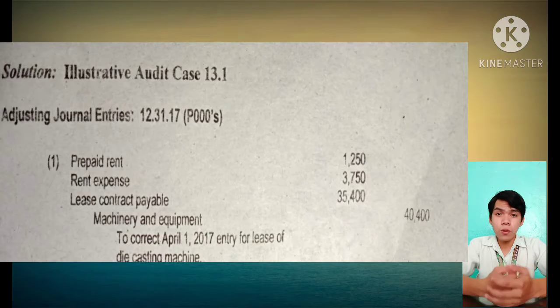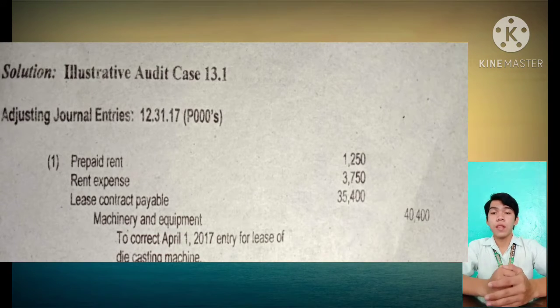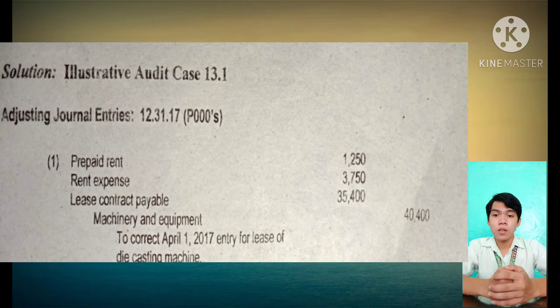For solution number 1, the first entry is prepaid rent, which is equal to 1,250, because it is stated that every April 1 there should be an advance of 5,000. Take note, this is for the year ended December 31. From April 1 to December 31 is 9 months, which you have already used from your advance of 5,000.